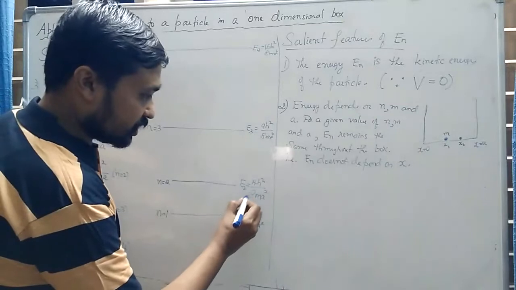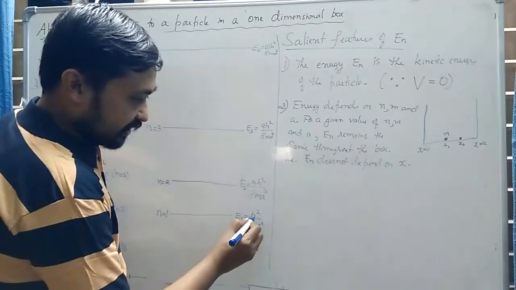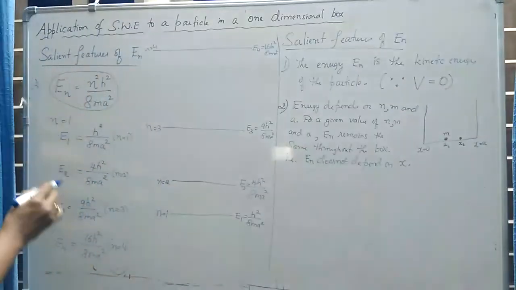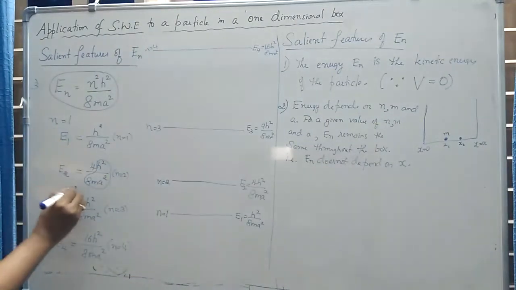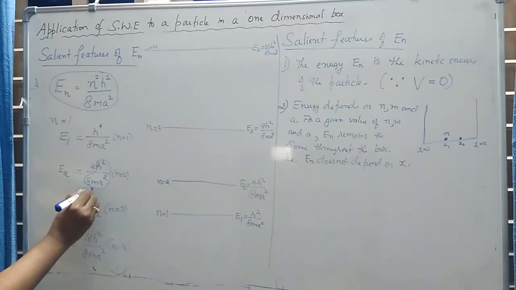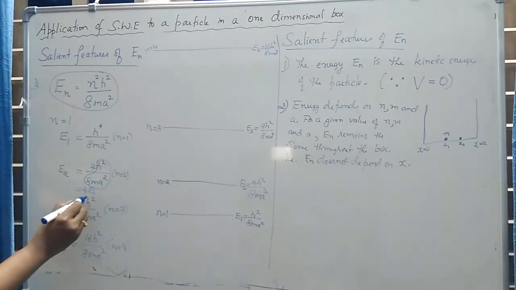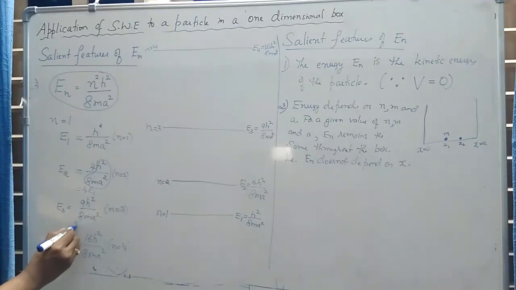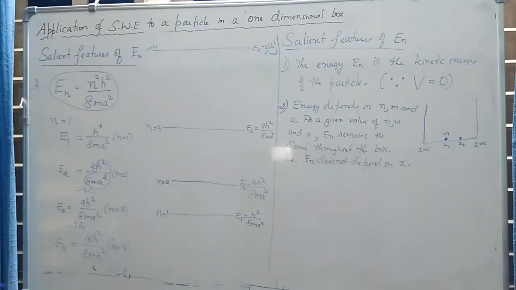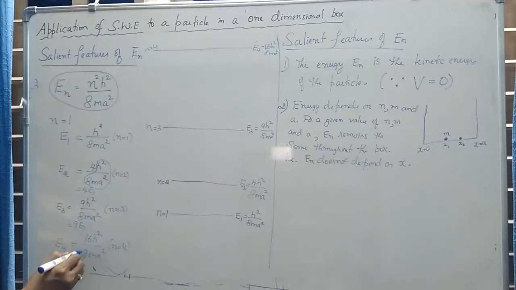Now this energy E1 is h square by 8ma square. So if I look here, this h square divided by 8ma square is nothing but E1. So E2 is nothing but 4 into E1. Similarly, here I have h square by 8ma square, so E3 is nothing but 9 times E1. Similarly, here also I have the same term h square by 8ma square, which corresponds to E1.